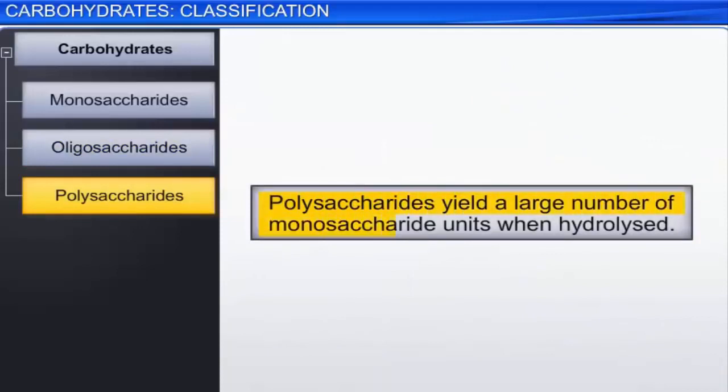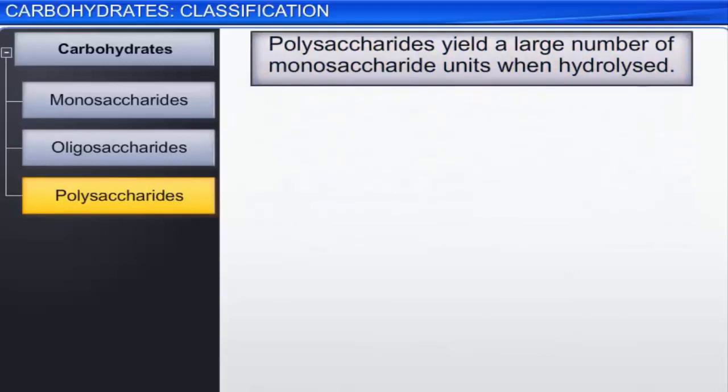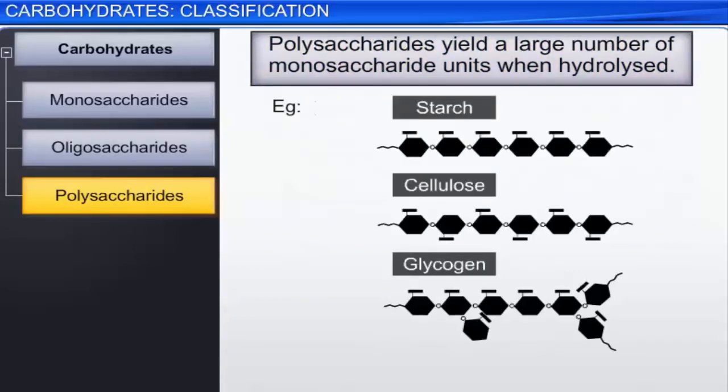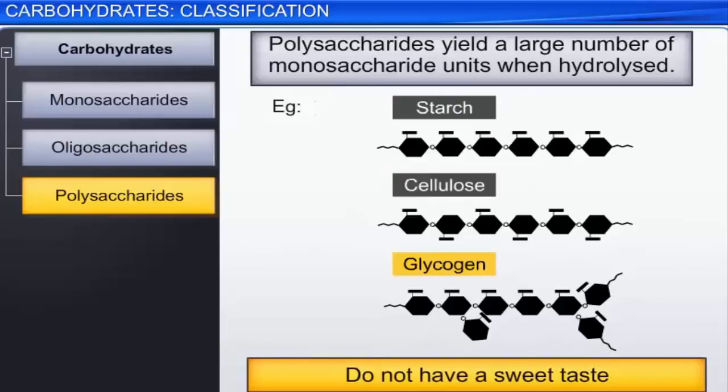Polysaccharides yield a large number of monosaccharide units when hydrolyzed. Polysaccharides, which include starch, cellulose, glycogen, and many gums, do not have a sweet taste. Hence, they are referred to as non-sugars.